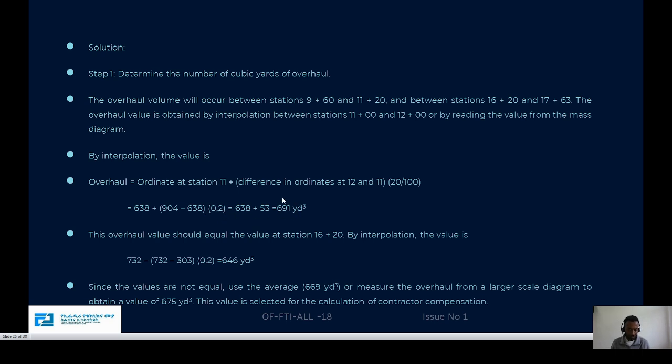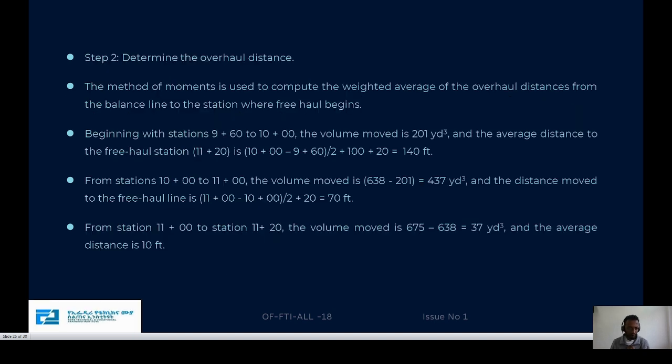So we get the overhaul distance as 691. And also we have the overhaul distance between the stations, plus 16 plus 20. So we get 646. The values are not equal, and we also determine the overhaul distance.